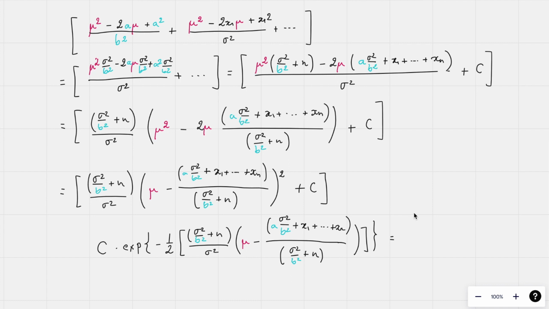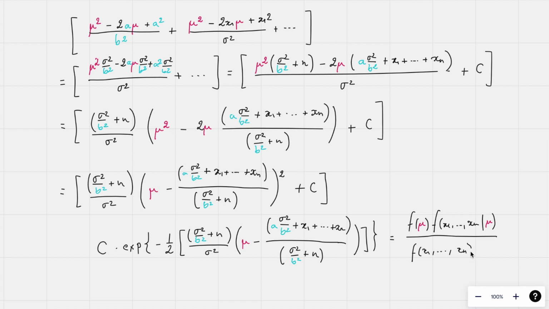So that's the F of mu times F of x1 till xn given mu, divided by F of x1 till xn.